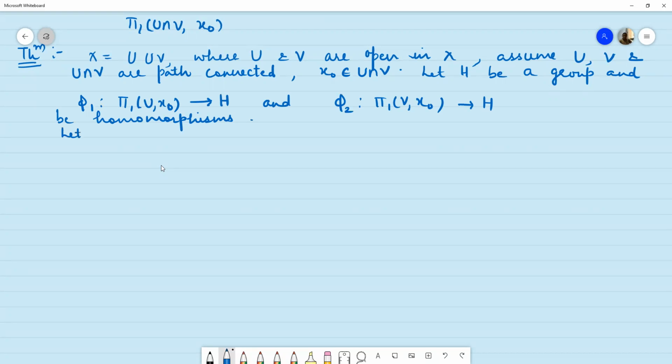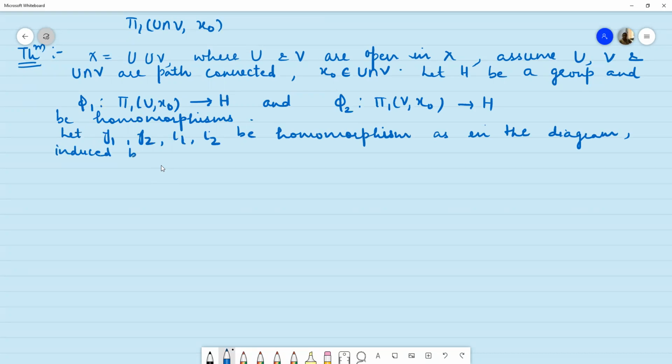Now suppose J1, J2, I1 and I2 be homomorphisms which are induced by inclusion maps, as in this diagram. So what is the diagram?